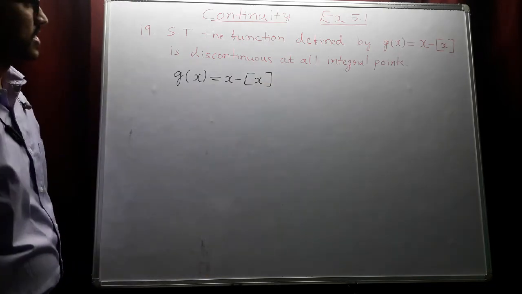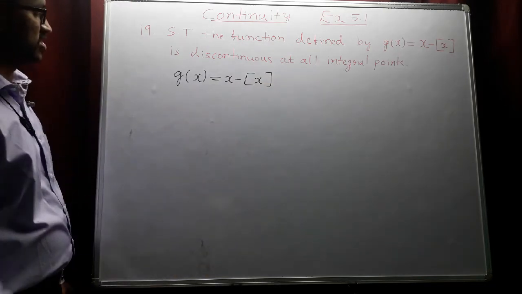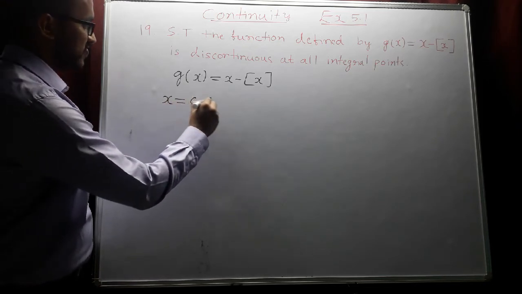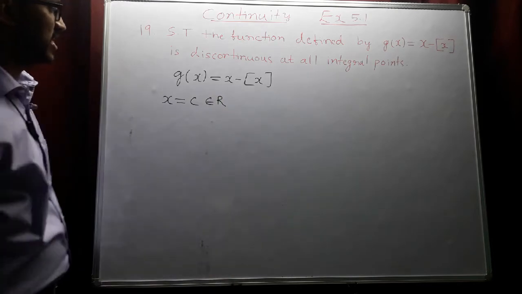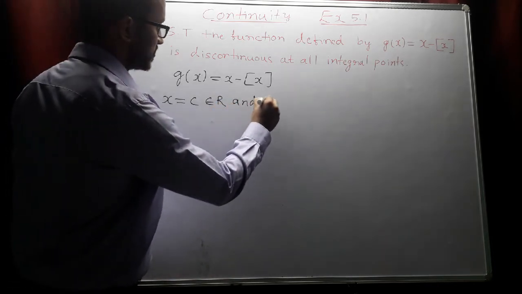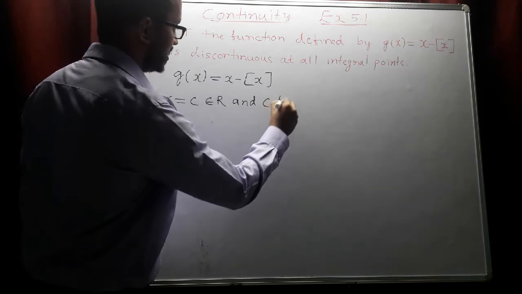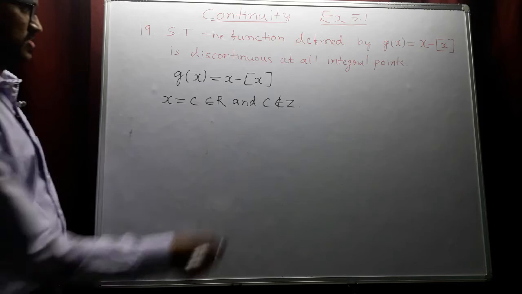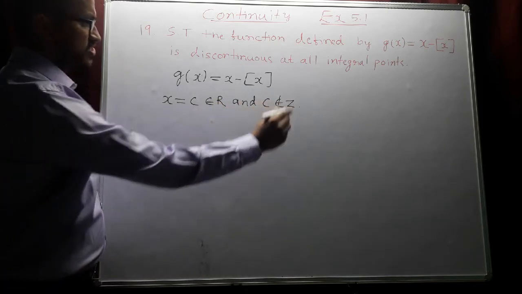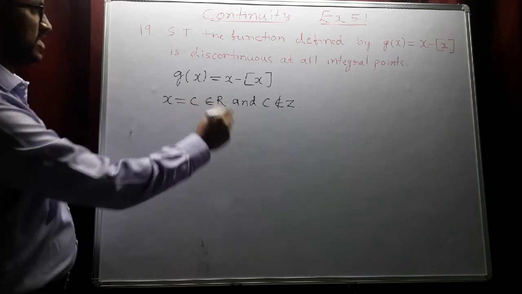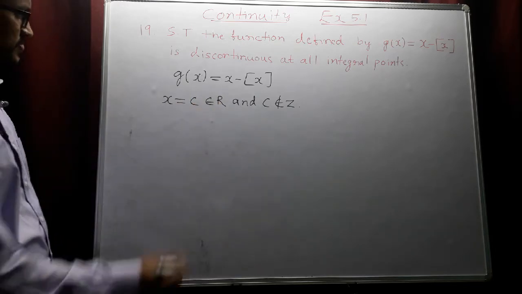Now let us check other than integral points, that means x equals c, where c is any real number and c is not an integer. So we are considering a real number which is not an integer. Other than integers we are considering other real numbers.